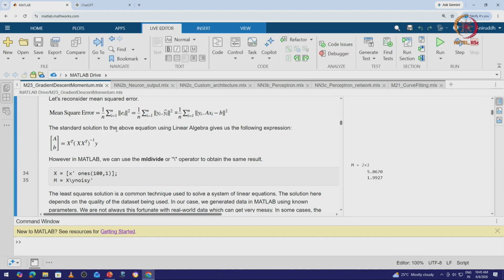Now the standard solution of the above equation is highlighted as A and B is essentially x transpose x into x transpose inverse times y, right, and this is the optimal solution that we get, and from this optimal solution essentially we can minimize the error, which is delta E equals 0, and then solving would give us the most optimal values of A and B, right.